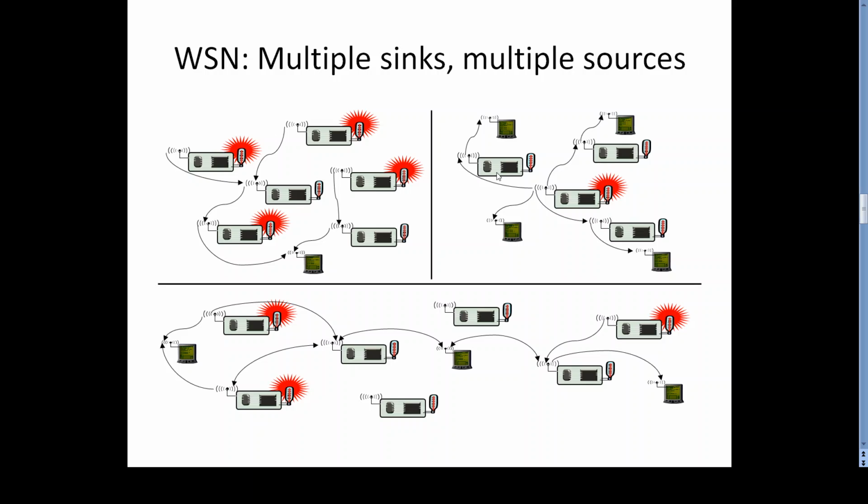As this particular source has the information, it will send directly to this particular sink, and that source will send to this other sink. Depending on the application, you can use multiple sinks or multiple sources. The same type of example is here, where we have 3 sinks and several sources.